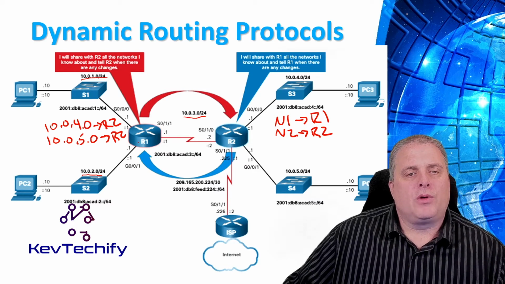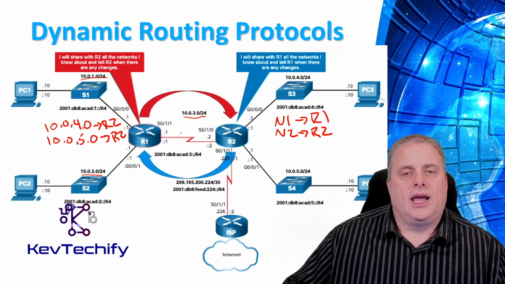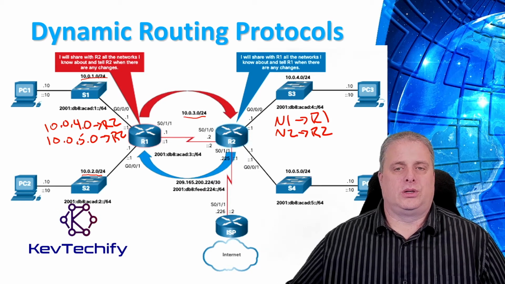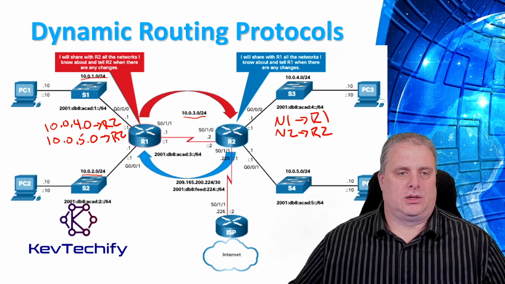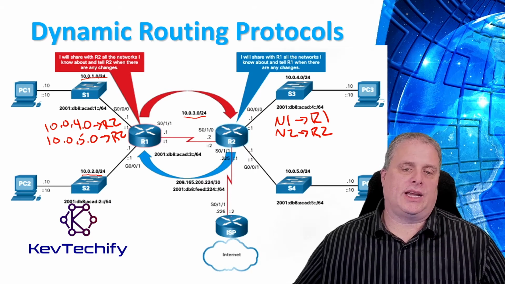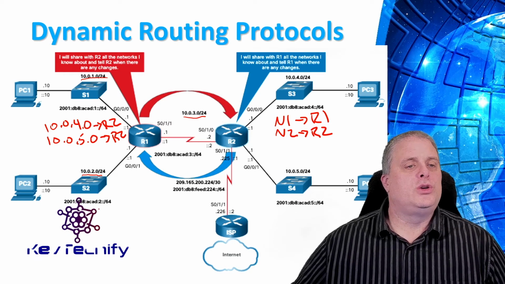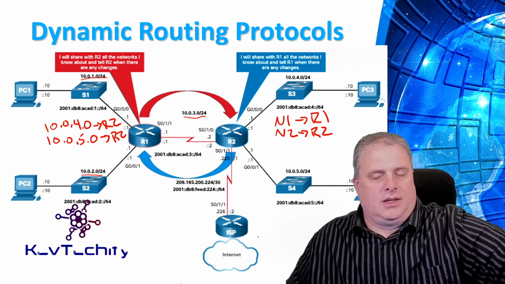In the frame of reference for R1, I have 3 directly connected networks, and I know about 2 remote networks. R2 has 3, well, technically 4 with the link to my ISP, and I know about 2 remotely connected networks.